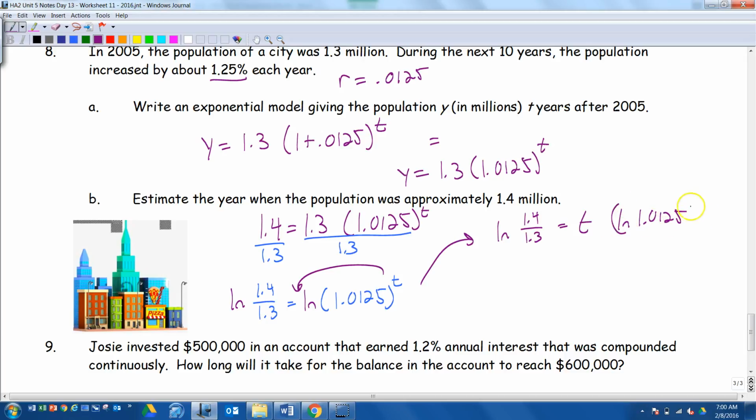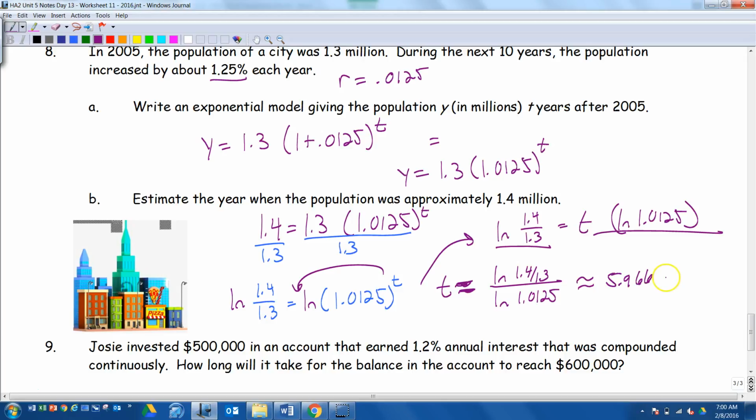And now, since this is a number, you divide by that. So t is equal to the natural log of 1.4 over 1.3 divided by the natural log of 1.0125. No, you cannot cancel anything, just type it in as is. You get t is approximately 5.966.